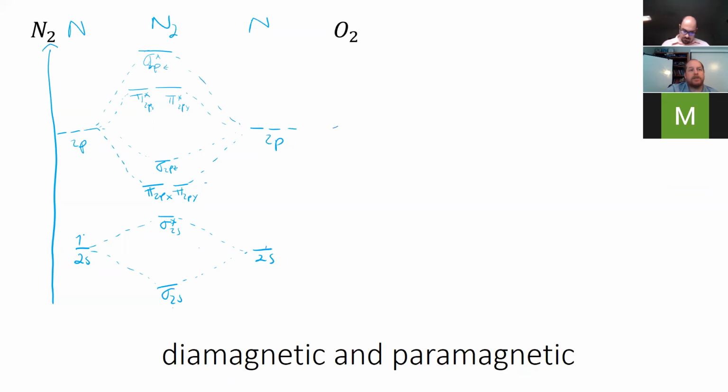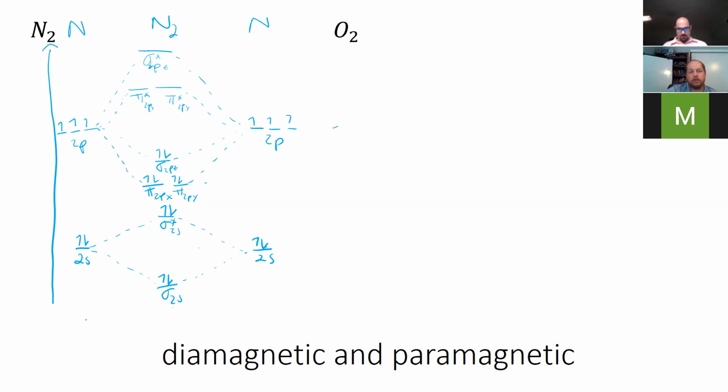Nitrogen, so each nitrogen should have 5 valence electrons, so we can fill those in now. Okay, which means we should have a total of 10 valence electrons to fill in our molecular orbitals. We go 1, 2, 3, 4, 5, 6, 7, 8, 9, and 10.